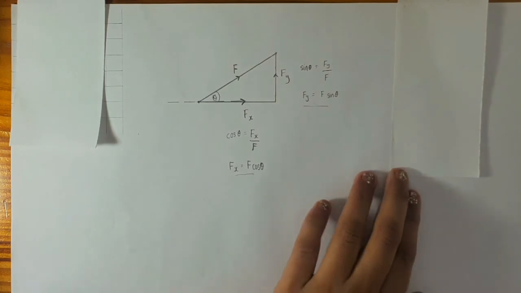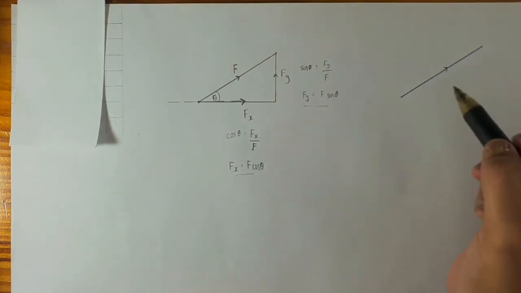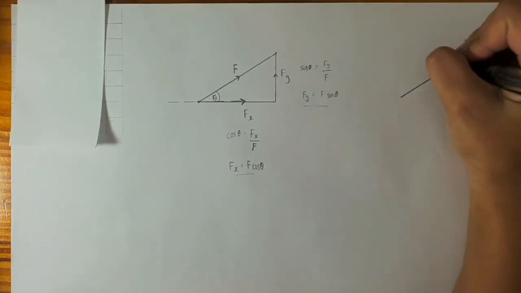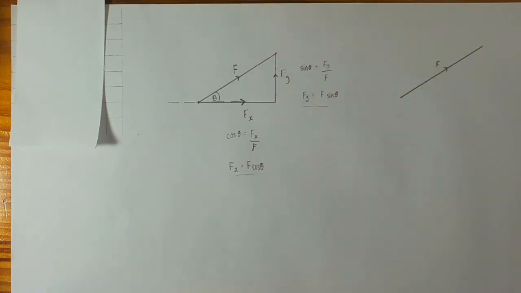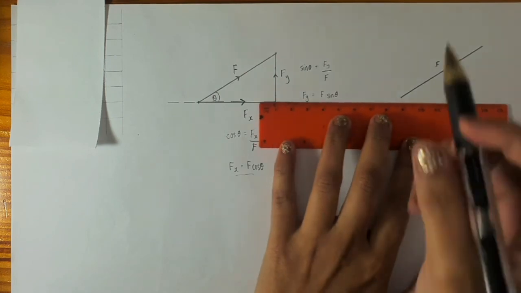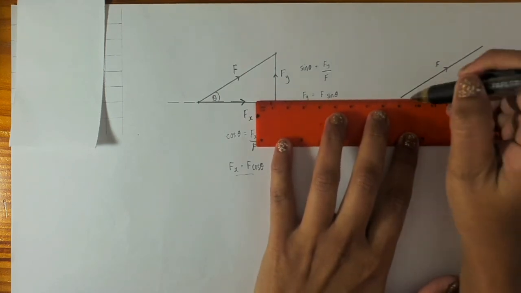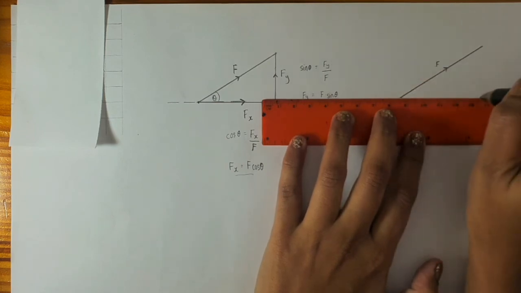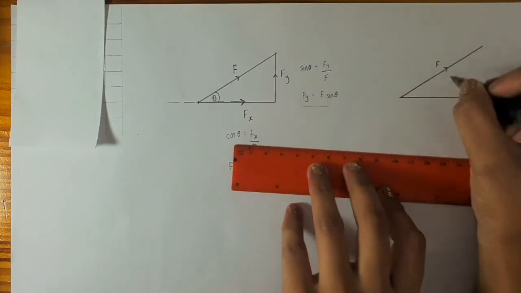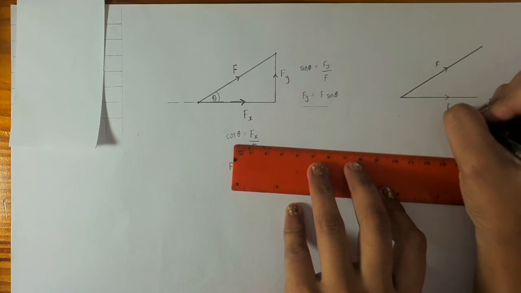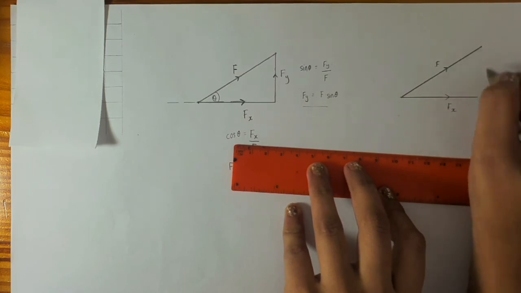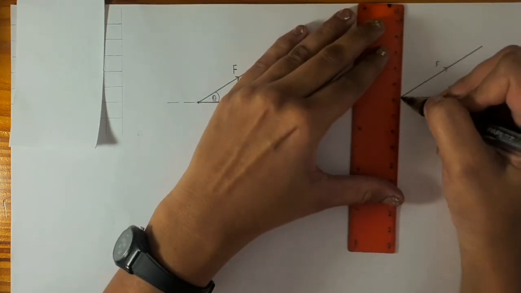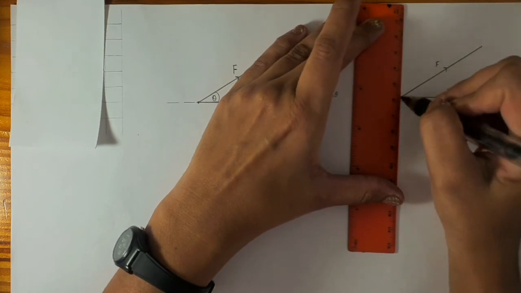So what that would look like is this is the same vector F, right? And I can draw my horizontal component acting this way. So this is still F x. And instead of drawing F y this way, I can draw it from this side over here.